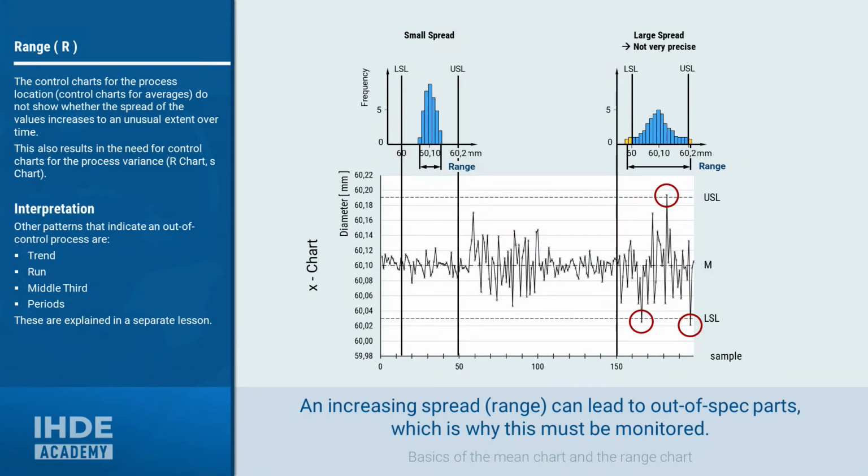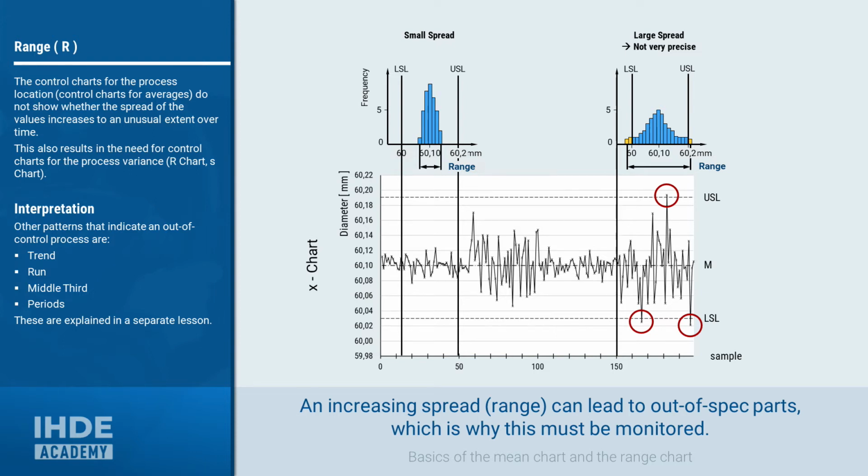As stated at the beginning, both a shift in the process location, this means a shift in the process mean, and an increasing spread can lead to product characteristics being manufactured that lie outside the permissible limits. As can be clearly seen here in the value curve, the spread in the first part is small.